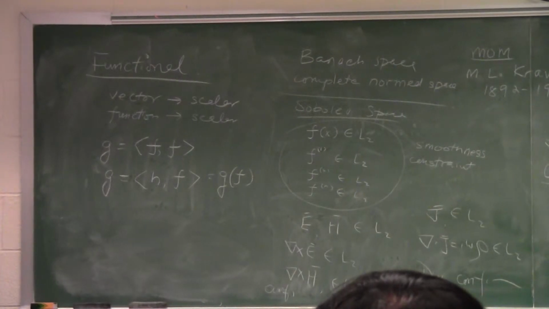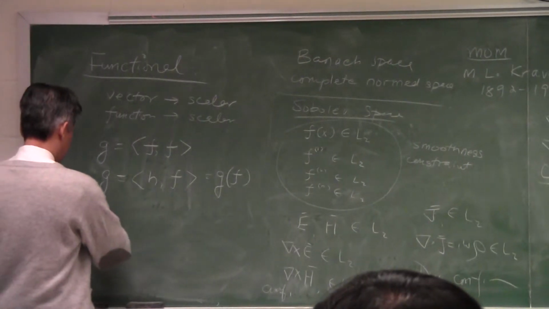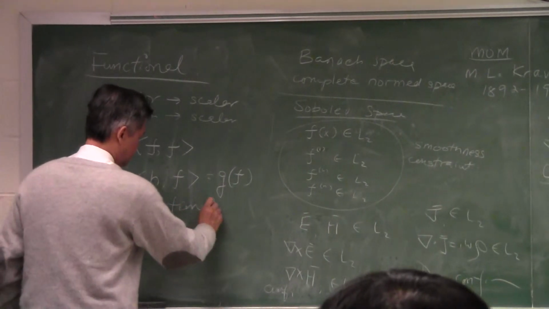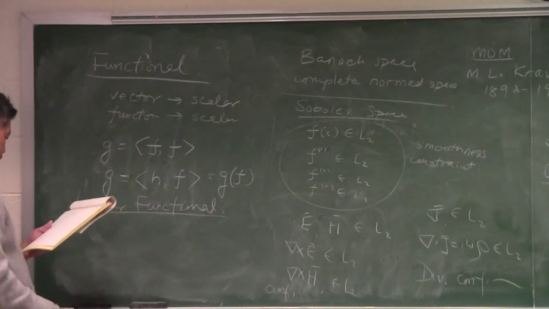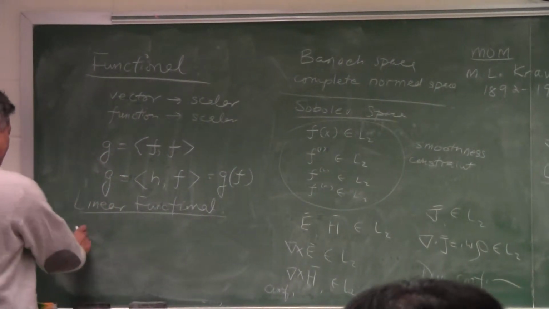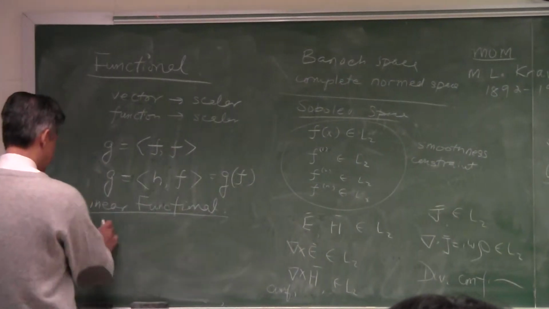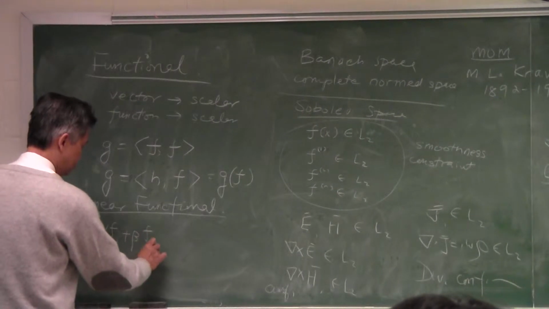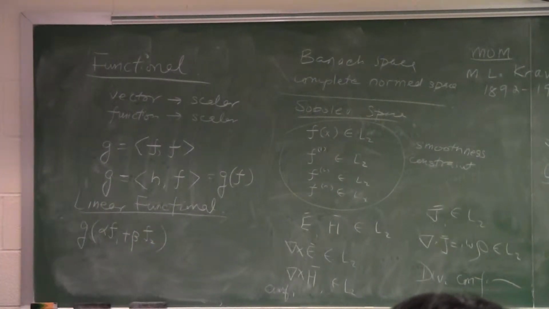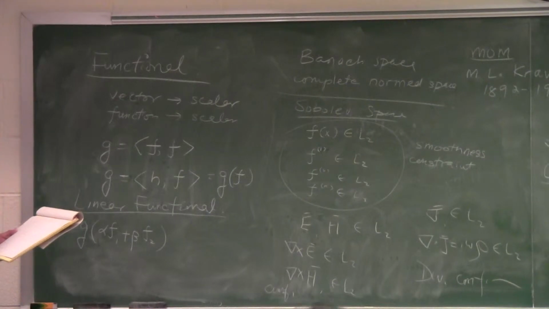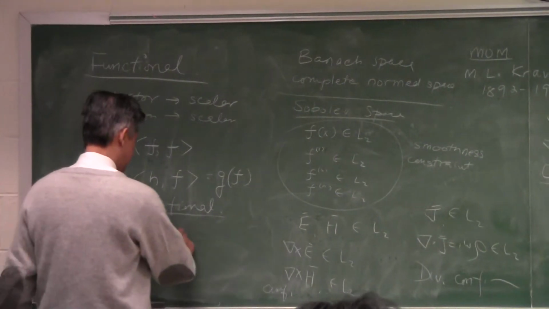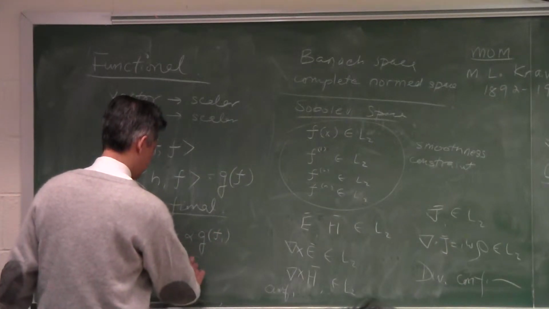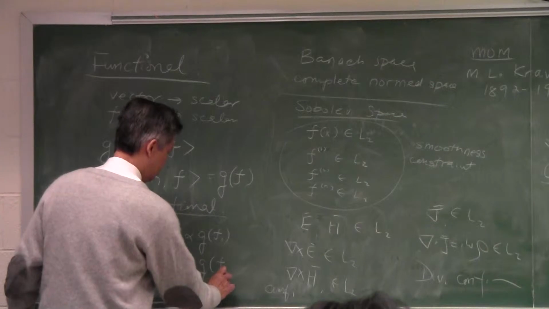What is a linear functional now? Linear functionals are functionals that have this property: if I have two inputs into my G, then I have this property of linearity, that G of alpha F1 plus beta F2 is equal to alpha G F1 plus beta G F2.